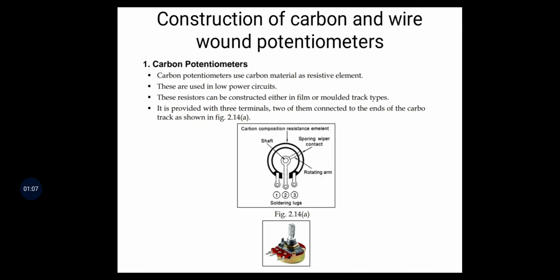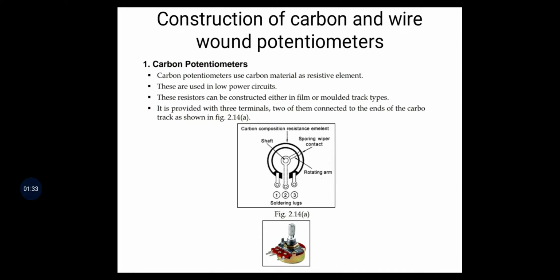What is meant by carbon potentiometers? In carbon potentiometers, we use carbon material. Using carbon material, we change the resistance value using a rotating arm.